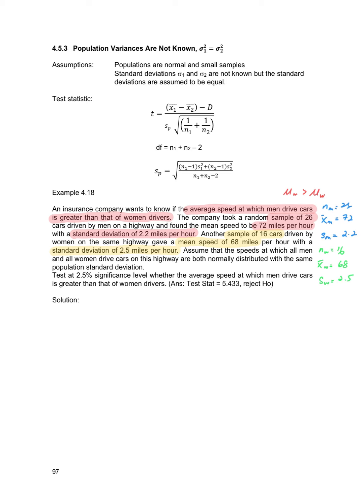Okay, and then another information here. Assume that the speeds at which all men and all women drive cars on this highway are both normally distributed with the same population standard deviation, meaning that we assume the population sigma 1 equals to sigma 2.